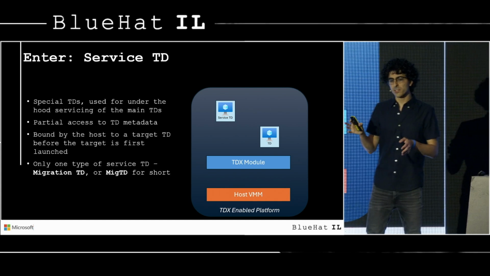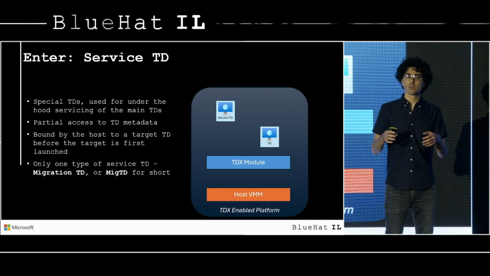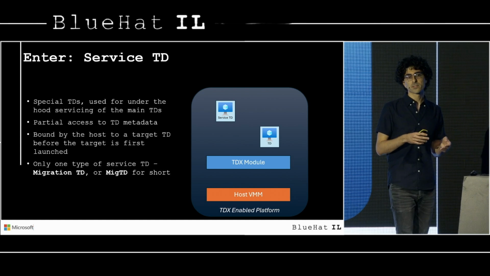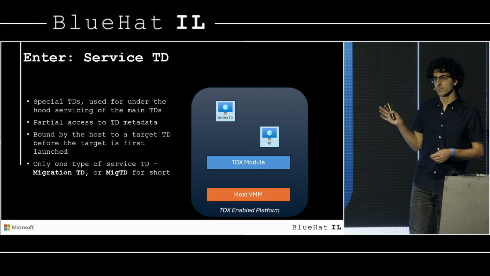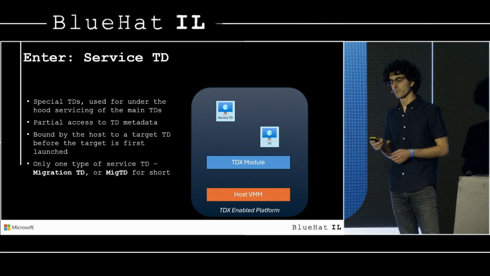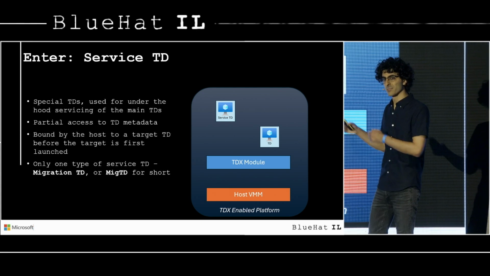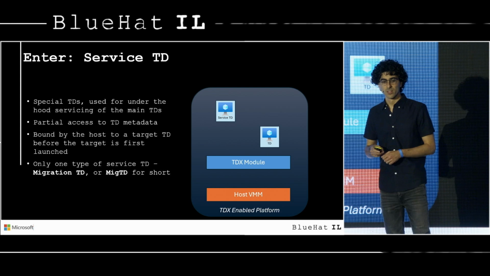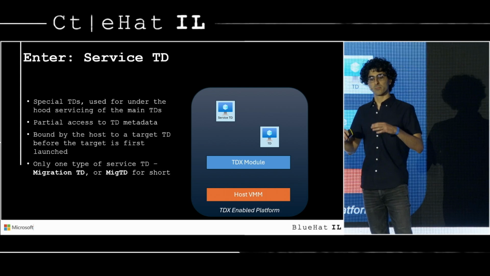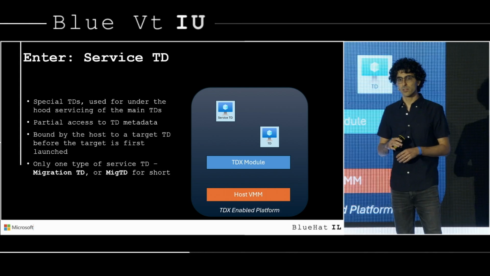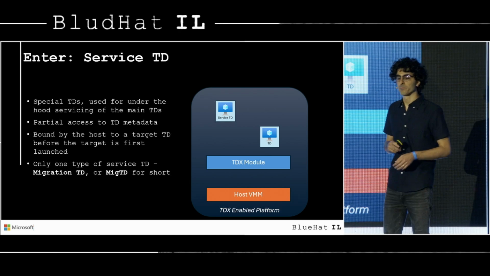Now, service TD is a pretty general term. In principle, there's supposed to be multiple types of service TDs, but in practice, there's only one, the migration TD, which, as the name suggests, is supposed to support migration. So in this talk, you're going to hear service TD and migration TD in different contexts. In practice, they're the same thing.